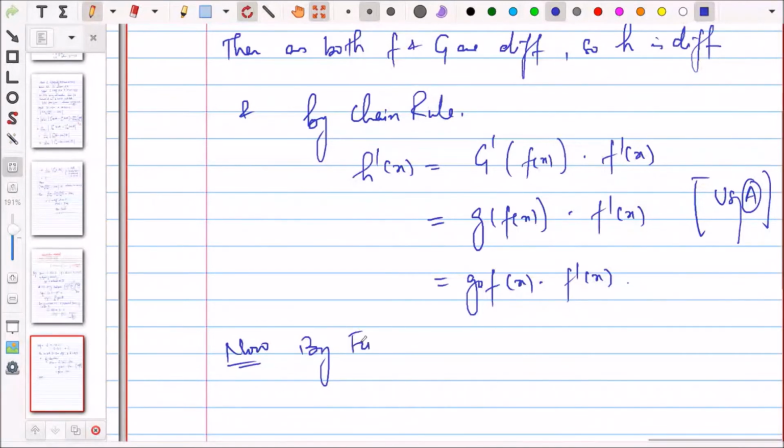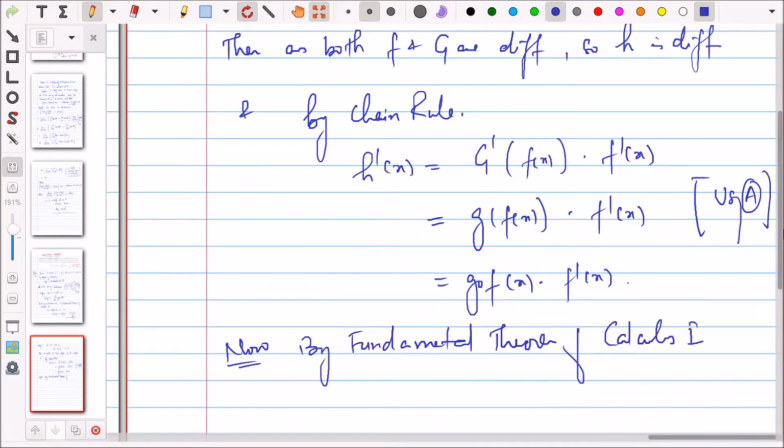Now by fundamental theorem of calculus 1, क्या हो जाएगा हमारे पास?